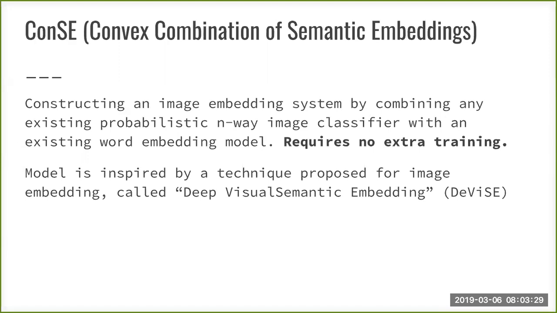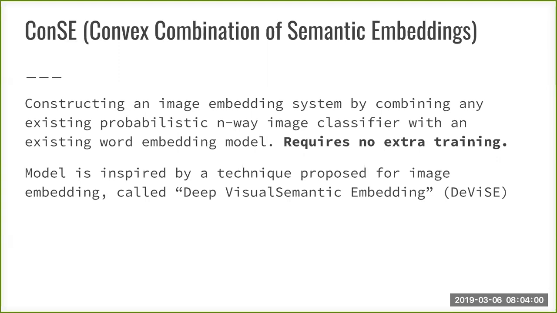Then you project those classification labels into some word embedding space, any embedding space pretty much. And then you do the weighted sum of those embedded vectors. After that, you do the search for cosine similarity over all the labels you're interested in. You pick the closest ones.